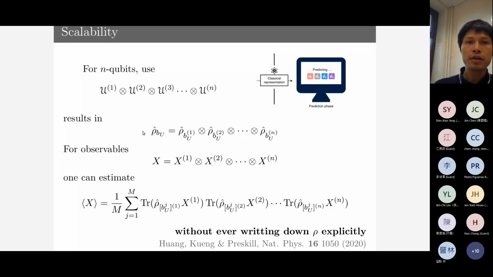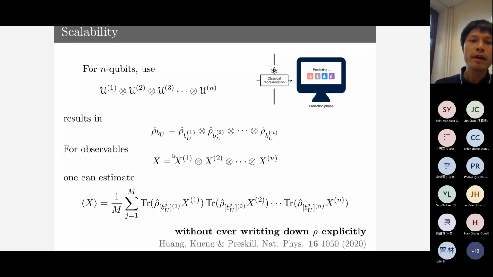According to the formulation, the shadow estimator is simply the tensor product of the different estimators on each of the qubits. So you have a string of tensor products like that.